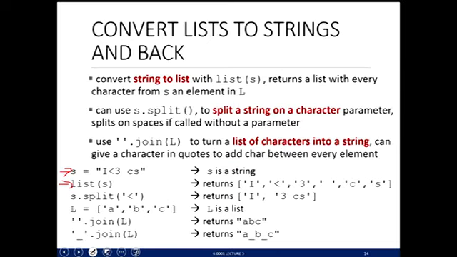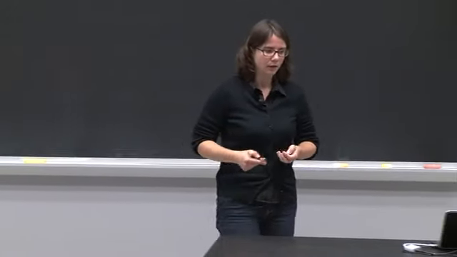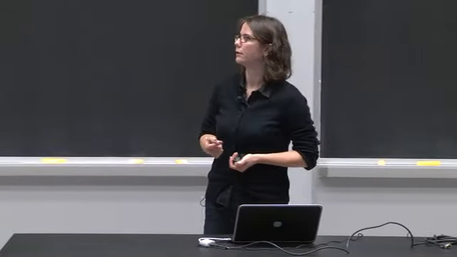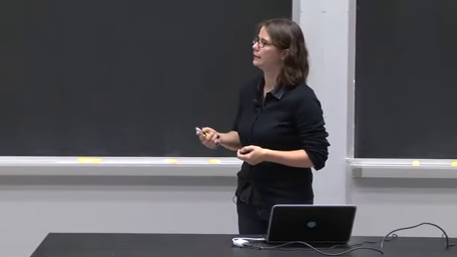In this case, I've split over the less than sign, but again, if you're doing the sentence example, you might want to split on a space. So this is going to take everything in between the sign that you're interested in, in this case the less than sign, and set it as a separate element in the list. Okay?